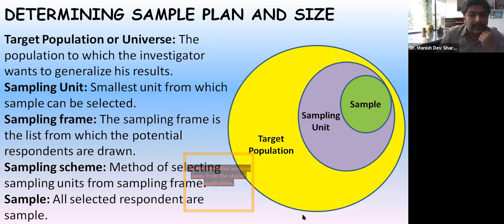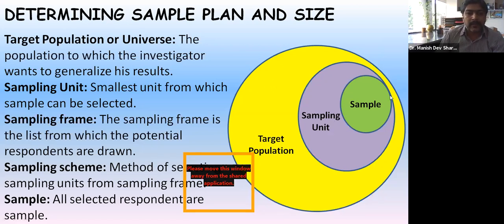So all these fellows fall among the sample size. Then we have a sample unit, and then we have a target population. A sample is basically a small part of the whole universe, and the sampling unit is a collection of these samples.